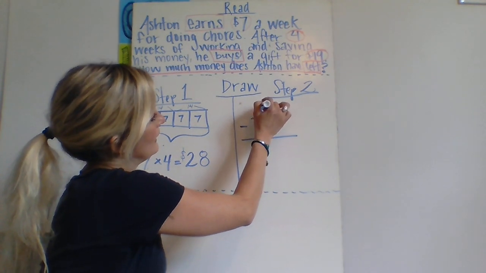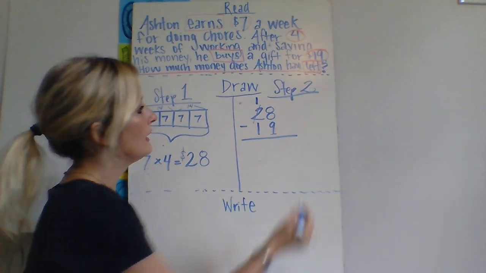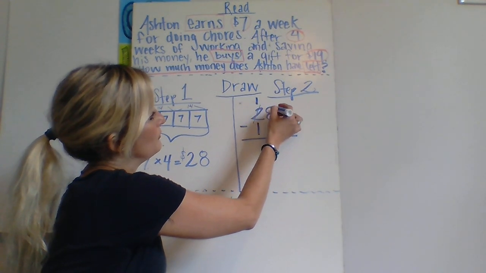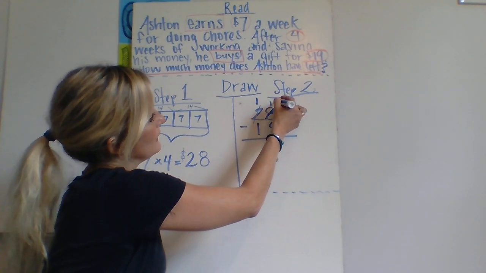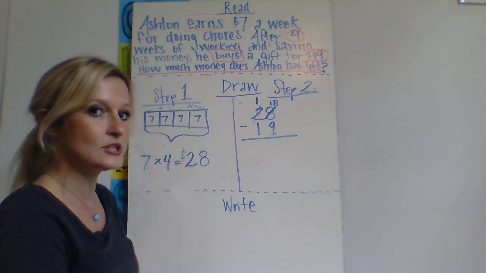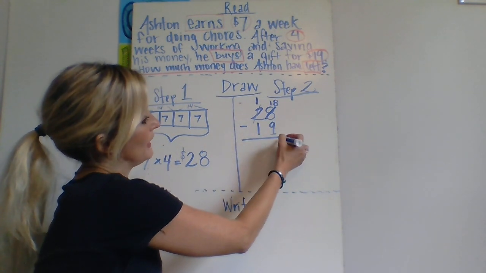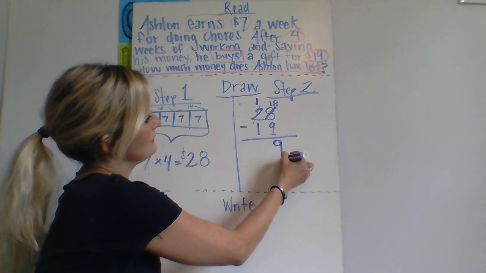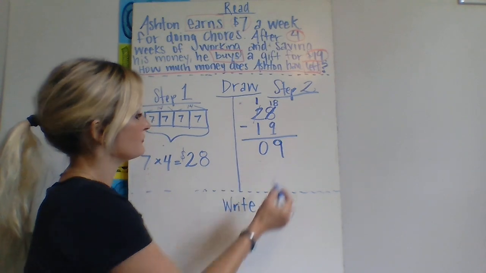So we're going to take a 10, so that gives us only 1 ten, and then we're going to give it to our ones place. So that would be 18. Now we can subtract 9 from 18. 18 minus 9 is 9. 1 minus 1 is 0.